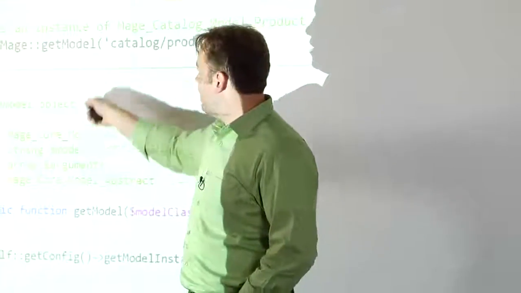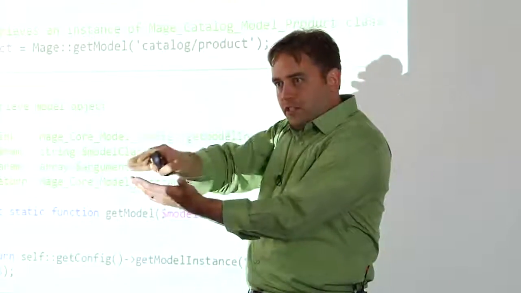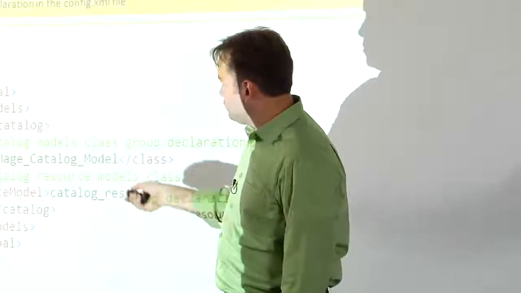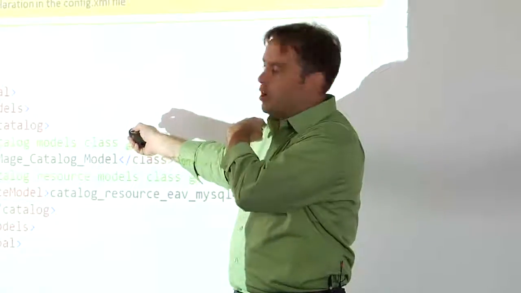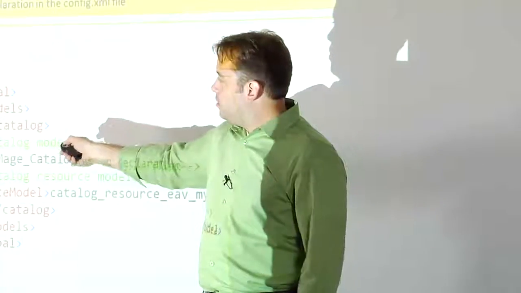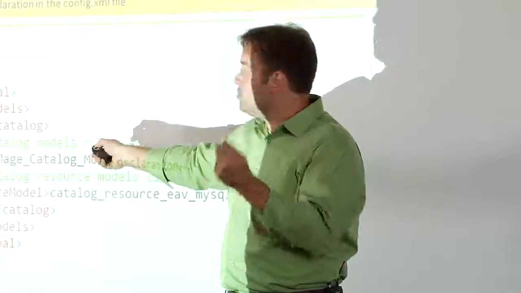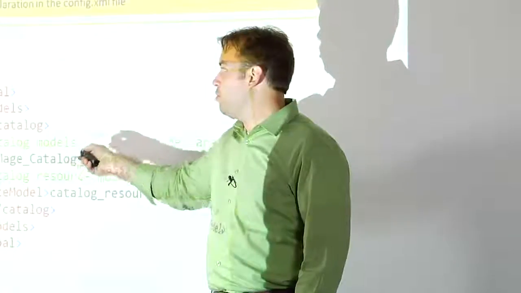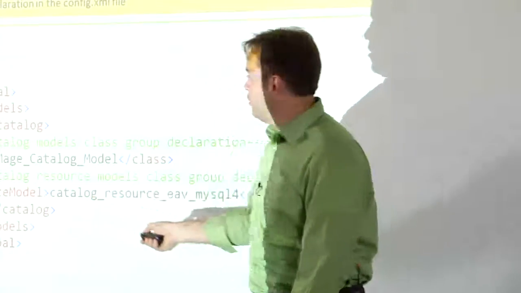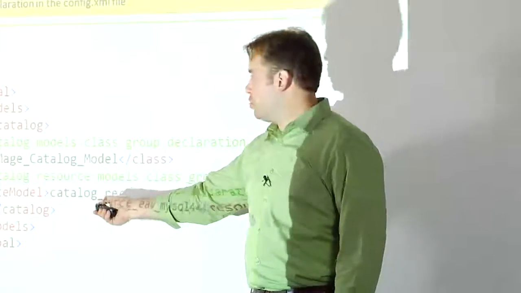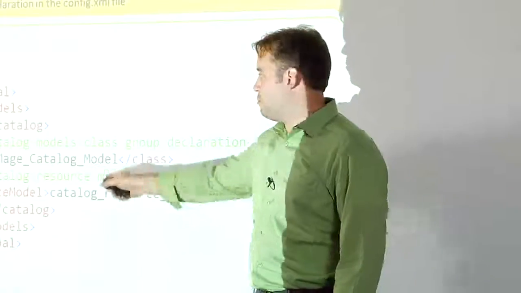So if I had foo here, in that configuration structure that's been assembled, if I say Mage getModel foo/whatever, the application will use the configuration object to look in global models for a node named foo, and then in there, a node named class, which specifies this class prefix.